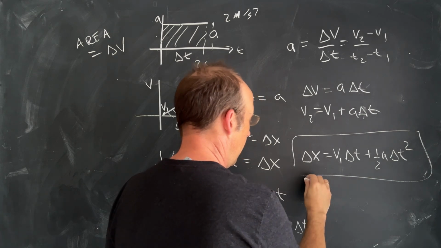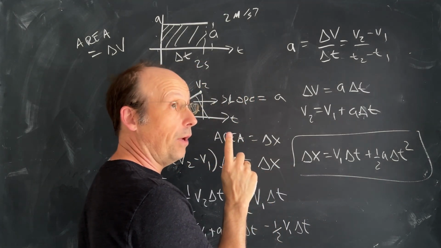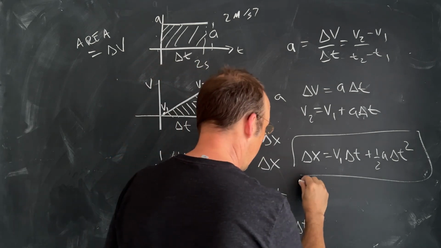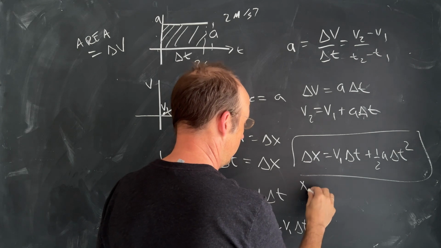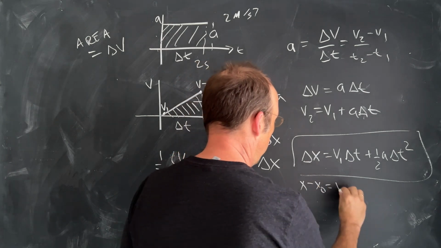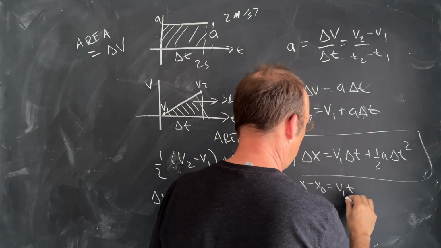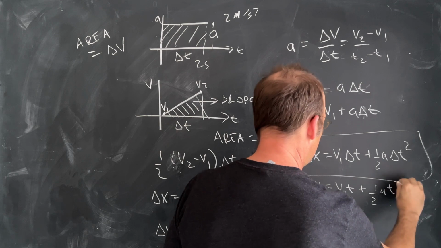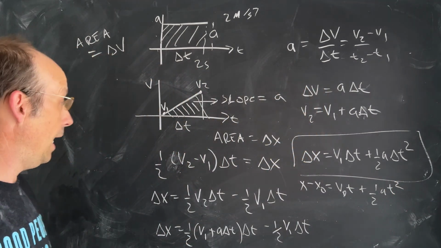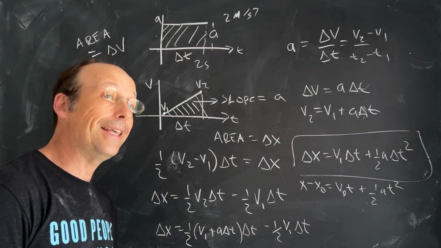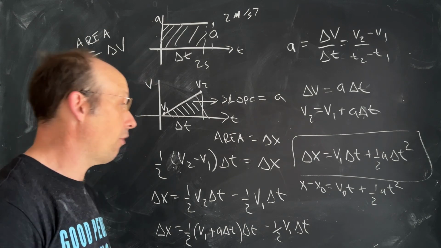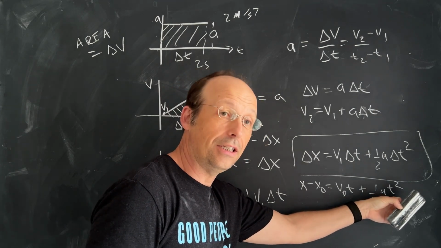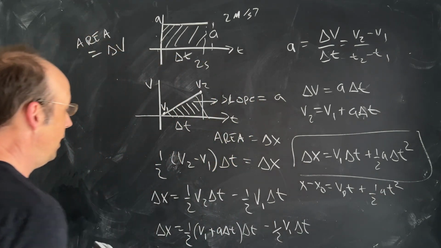If we let x equal x0 at t equals 0 and t1 is 0, I get x minus x0 equals v1 t, they call it v0, plus 1/2 a t squared. There's your kinematic equation. And if you look at what that graph looks like, this says x is proportional to t squared. That's a parabola.